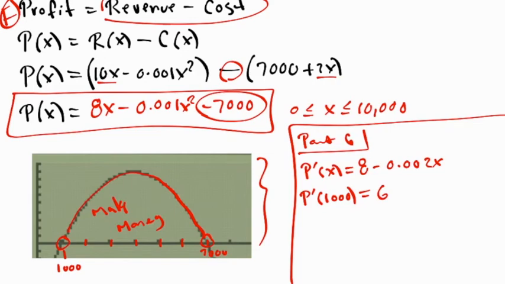And if we look at this, because we're talking about derivatives, at 1,000 there is a tangent line here, and we see the tangent line is moving up. So that means that profit is moving up. So the 1,000th pair of headphones increases profit by $6.